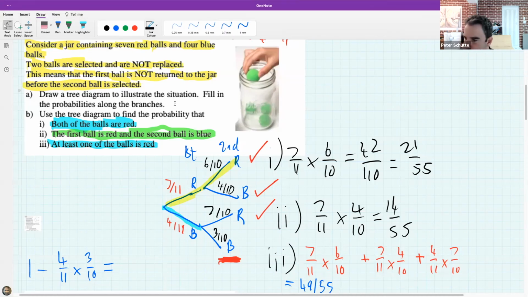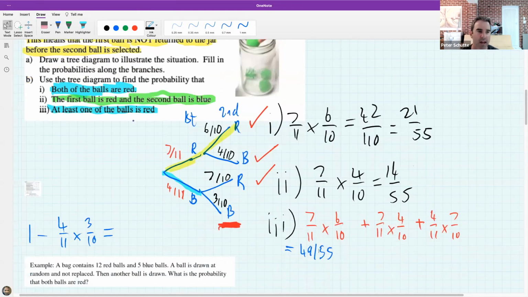No, that's it. Okay. Now, I know that last one would have maybe caught you a little bit, but remember, at least one of the balls is red is saying anything that has a red in it is a favorable answer. So Reniwe, it's just to say that if I look at all these final probabilities at the end here, they must add up to 1.